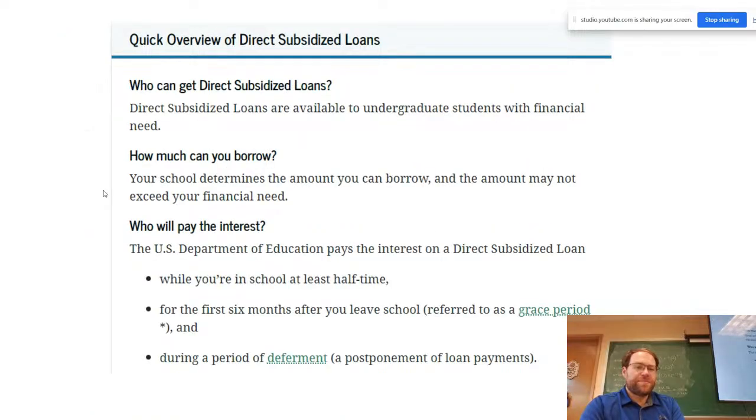And you have to do certain things. Like, I'm willing to bet you had to do something with the FAFSA. That usually determines a lot of this kind of stuff.